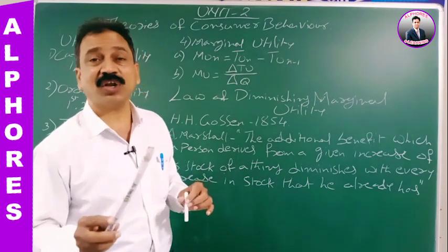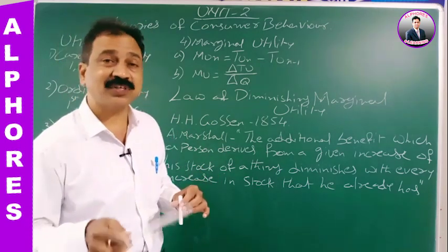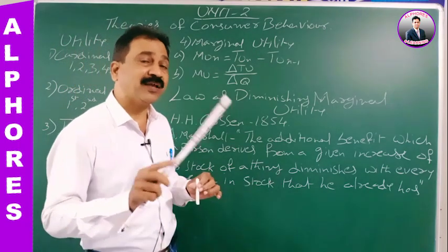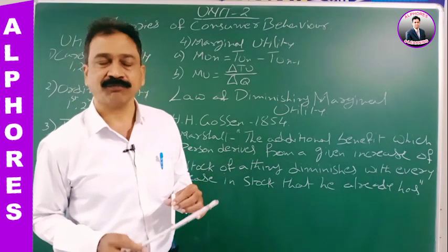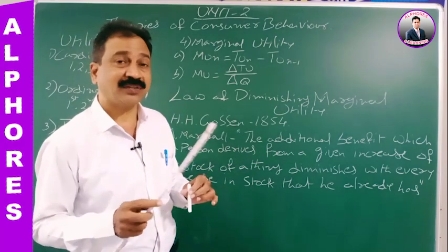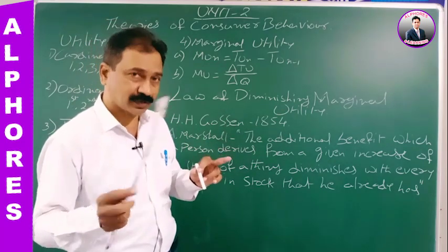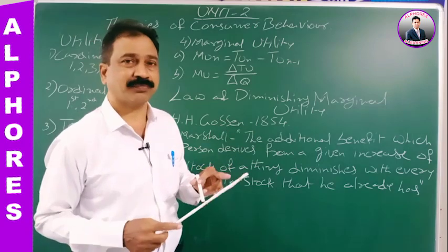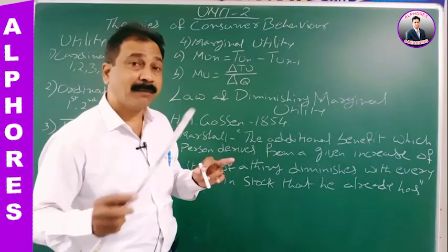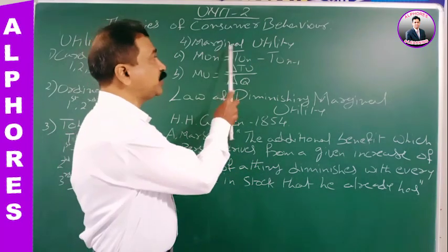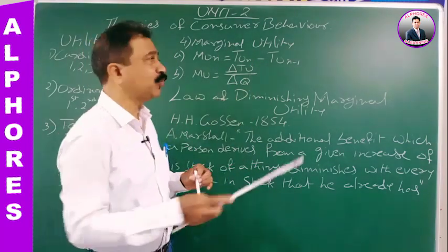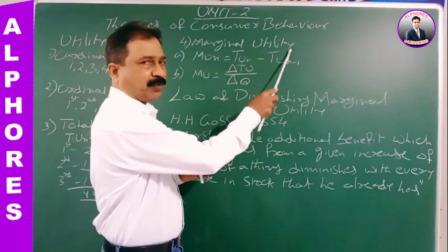So whatever satisfaction the additional commodity gives to you is called additional satisfaction. In our economics language, that additional satisfaction, the marginal satisfaction from the additional or marginal commodity, we call marginal utility. You know, utility means satisfaction from the commodity.